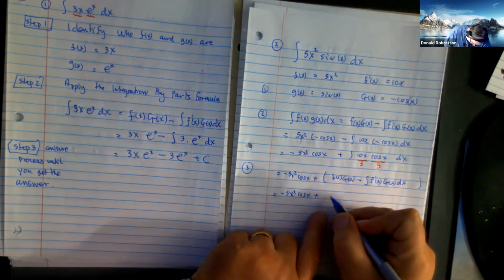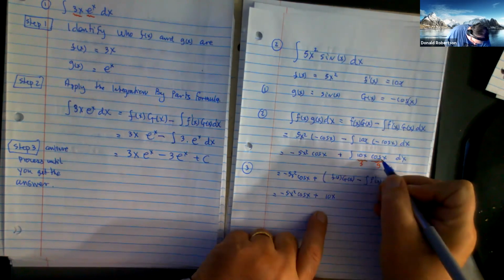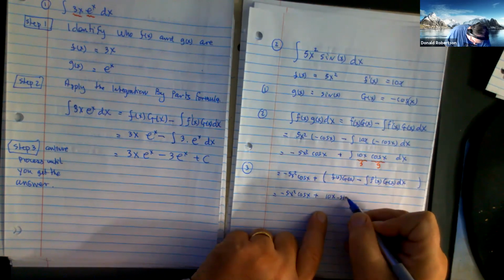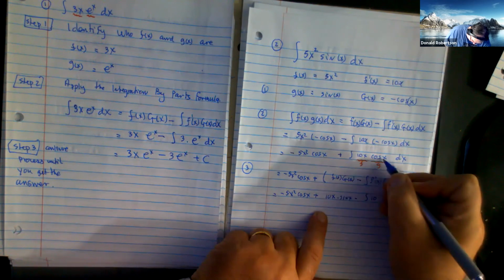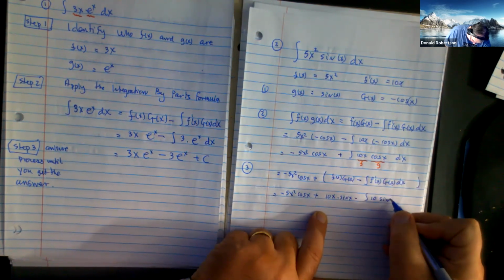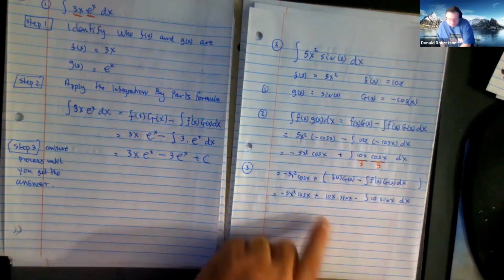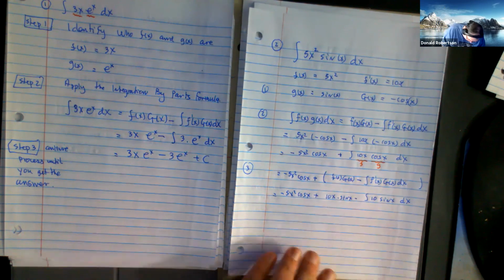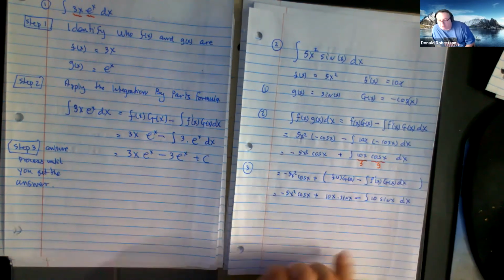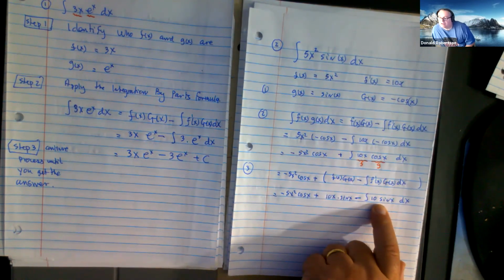There's going to be 10x. Integrate that guy, you're going to get sine x. Take away. Differentiate this guy, get 10. Integrate that guy, you get sine x dx. You happy with that line? Make that more subtraction. Is it 10 sine x something we can get the answer to?